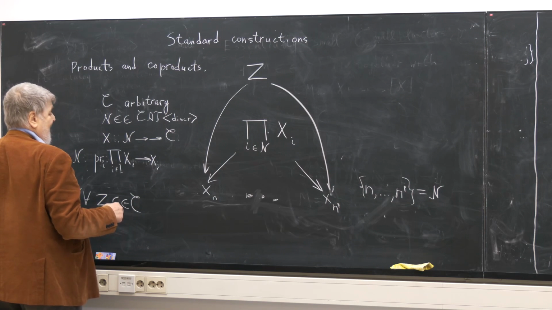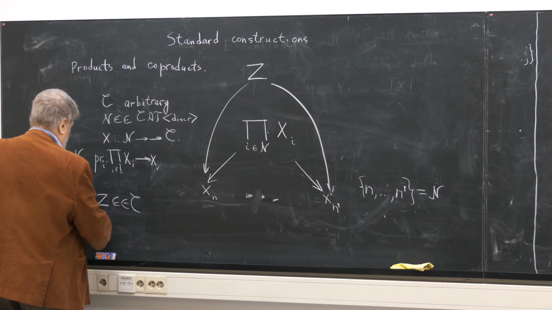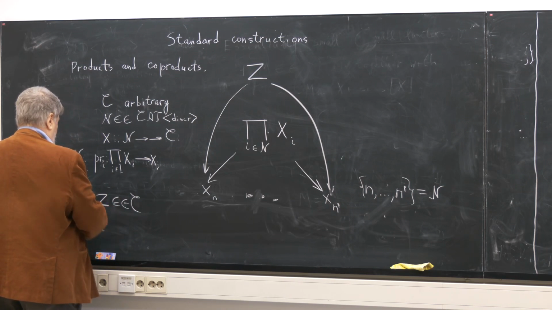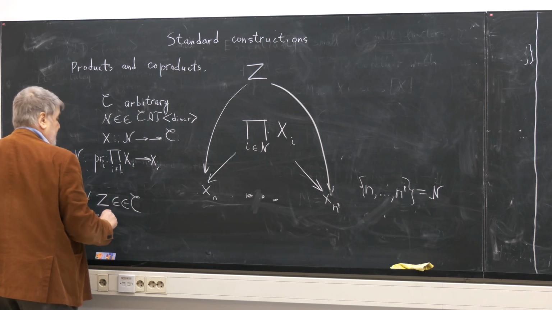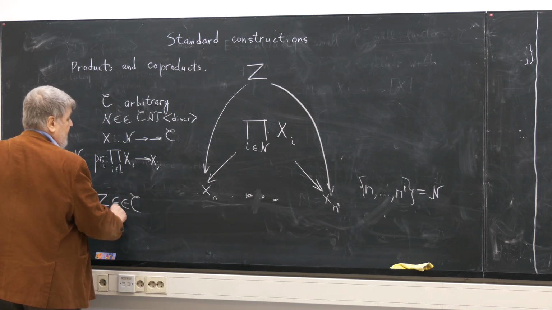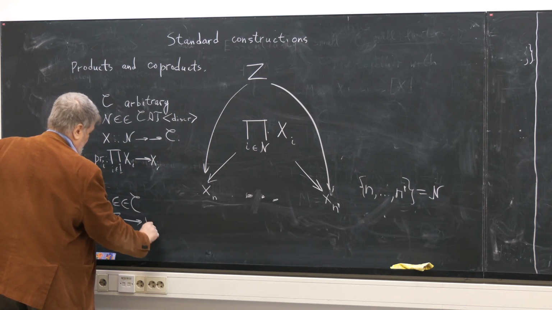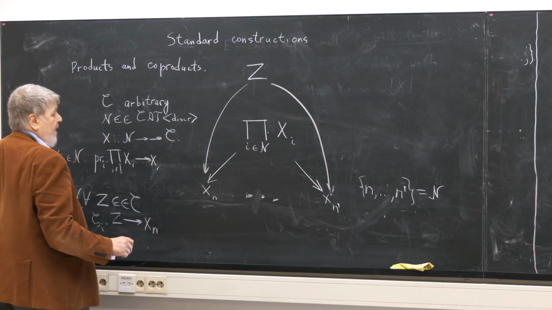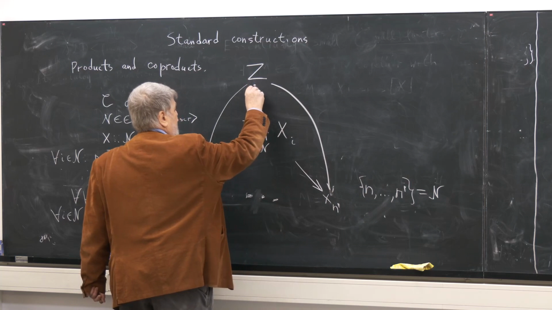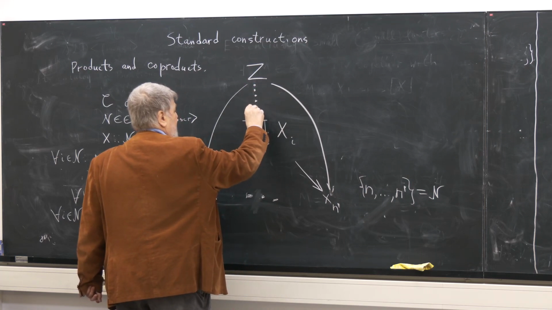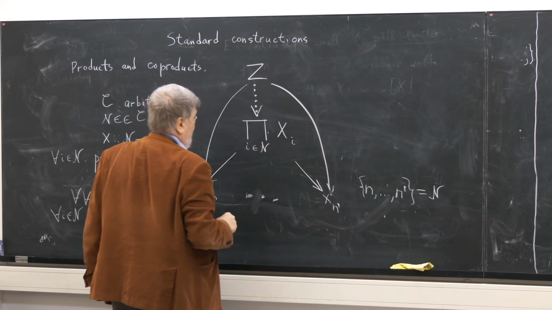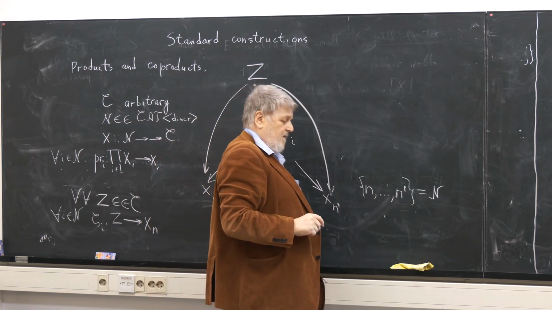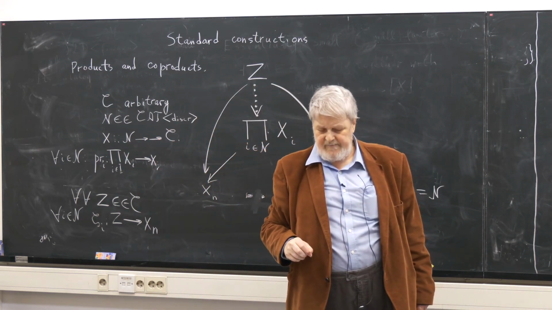So for arbitrary Z and morphisms zeta sub I, for any n, morphism zeta sub I from Z to x sub n, there exists something I'm not going to denote. There exists and is unique, such an arrow that all the diagram is commutative.